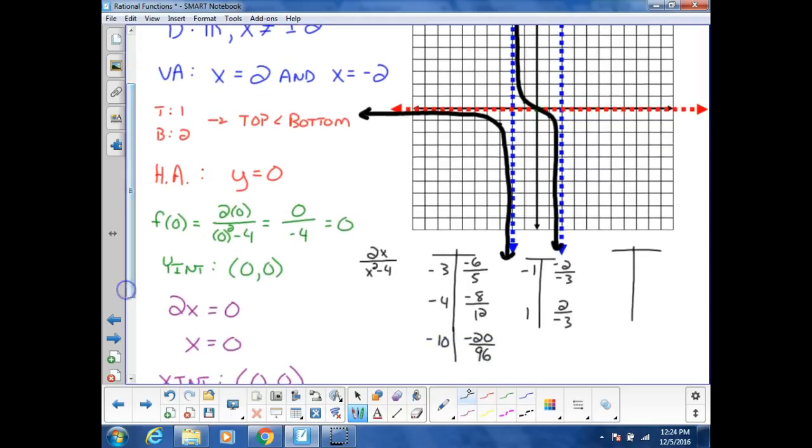Now I've got the last section, so I'm going to go 3, 4, and 10. If I put 3 into my function, I get 6 over 5, which is 1.2. If I put 4 into my function, I get 8 over 12, which is 2/3. And if I put 10 into my function, I get 20 over 96.